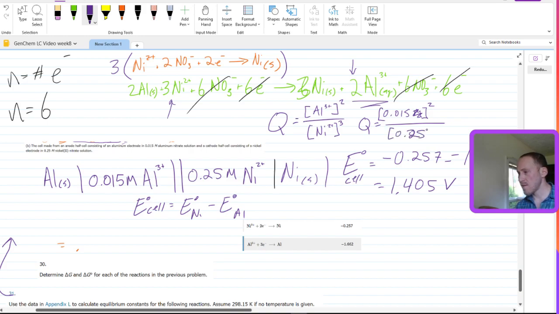Oops, 0.25 cubed. Okay, so 0.015 squared equals 2.25 times 10 to the minus fourth, and 0.25 cubed equals 1.56 times 10 to the minus second.